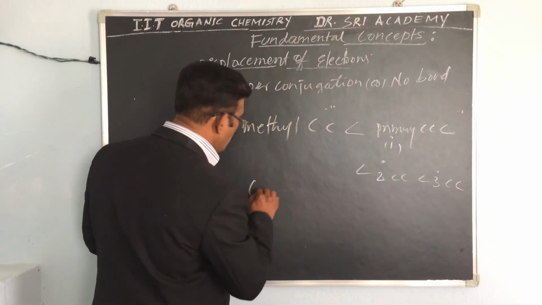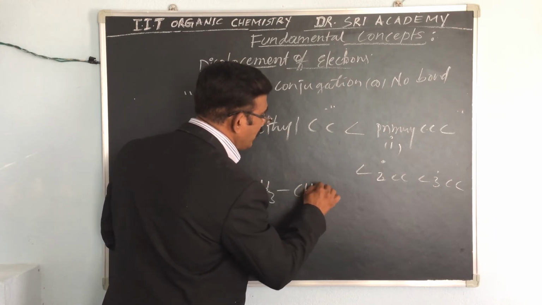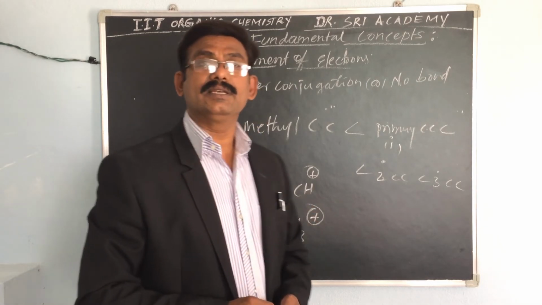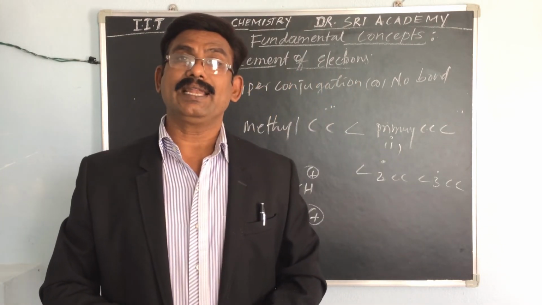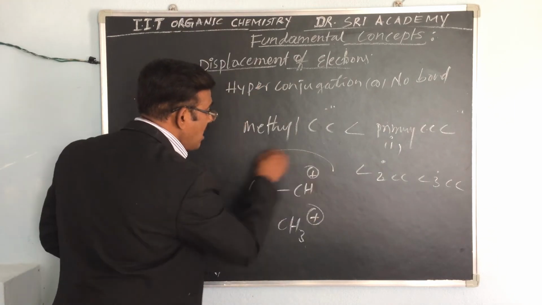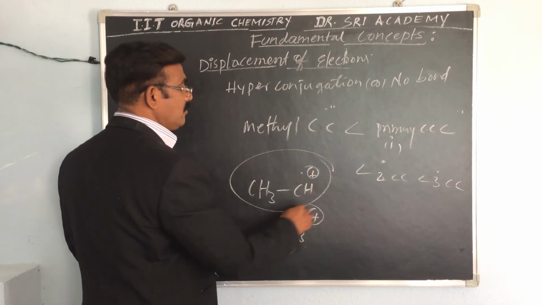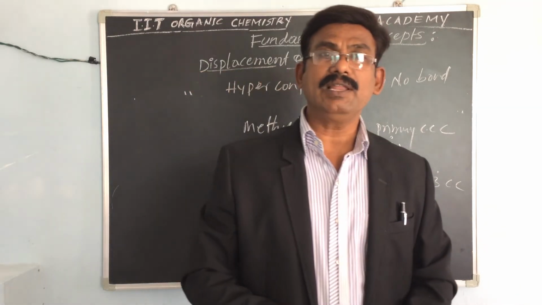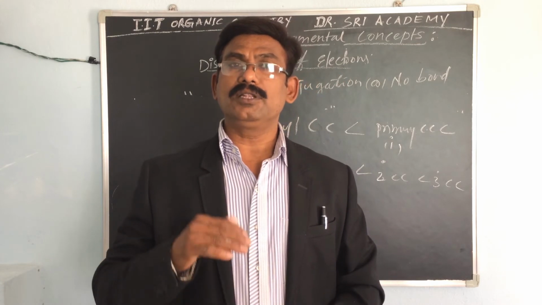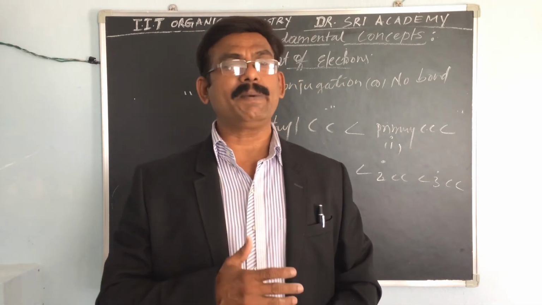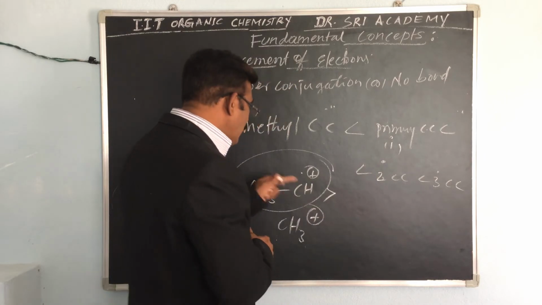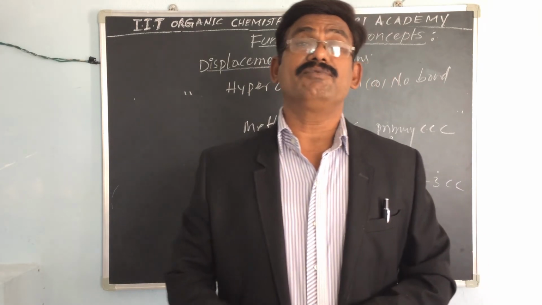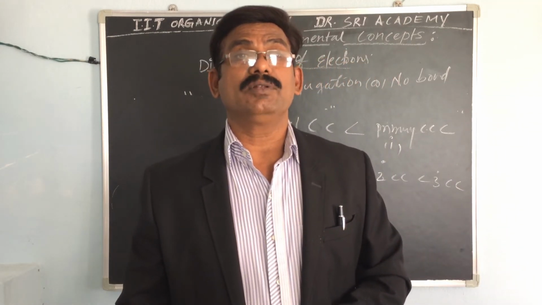For example, CH3CH2 plus and CH3 plus, in this the ethyl carbocation is more stable, with greater stability than the methyl carbocation. Actually, in these two cations hyperconjugation is not possible, but among these two, this is the most stable. That is about the stability of carbocations in hyperconjugation.